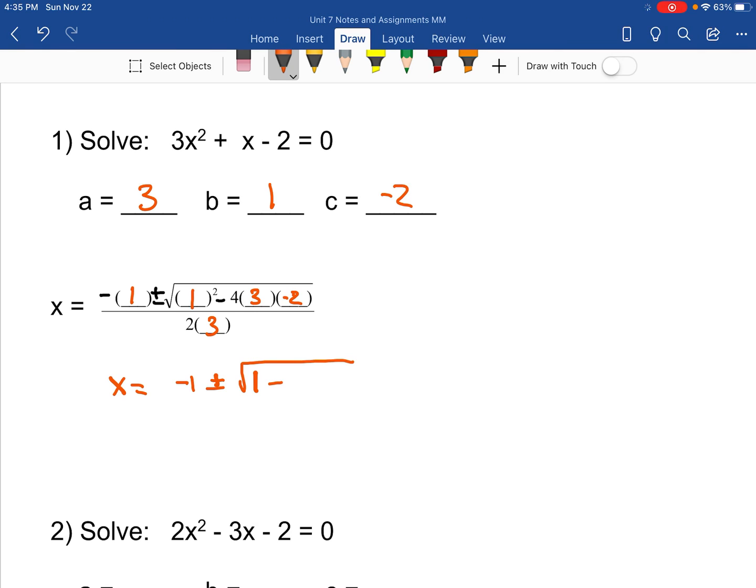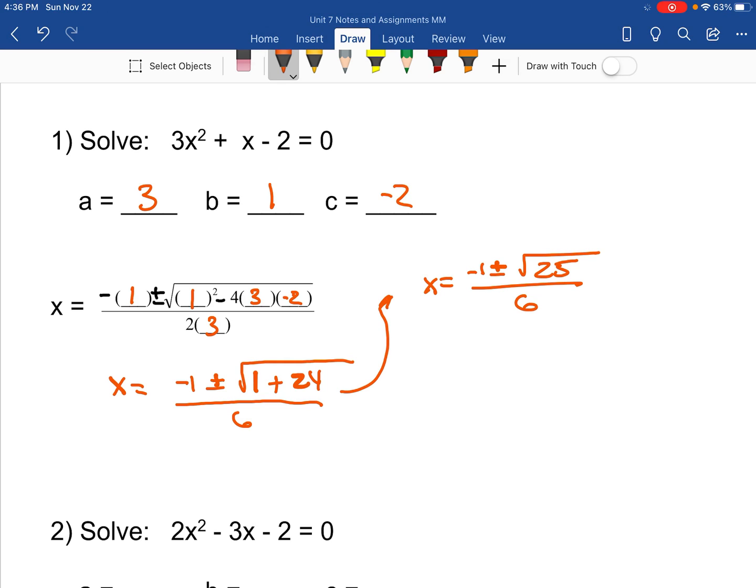We have minus a negative, that would become plus 24, all over 2 times 3, which is 6. Okay. Now, I'm going to do 1 plus 24. Okay. I'm going to come up here. x equals negative 1 plus or minus square root of 25 all over 6.